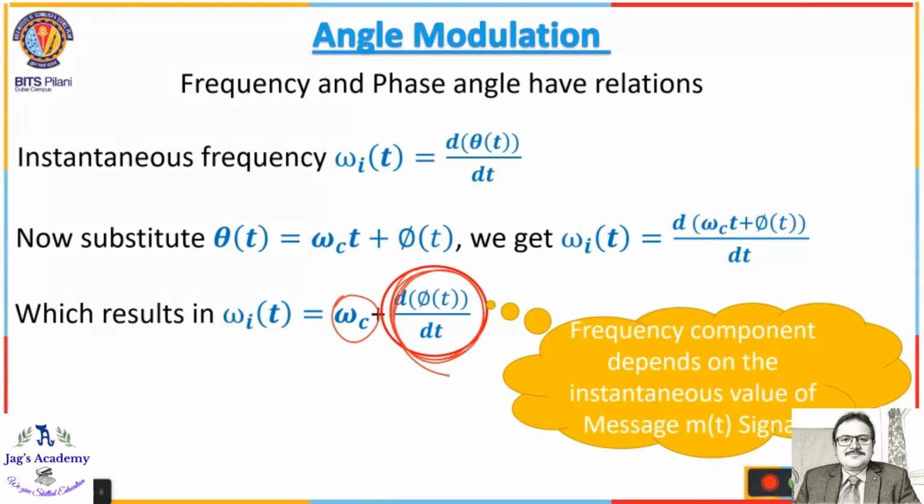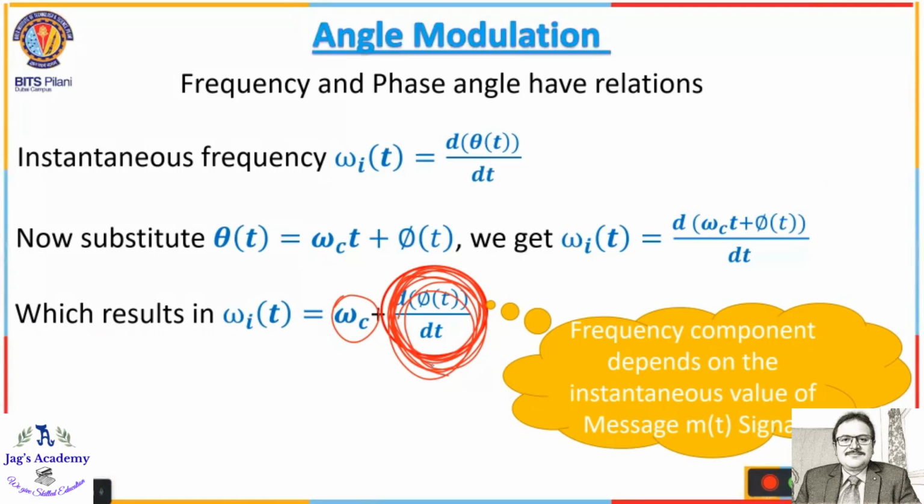Now see, this is the frequency. I call this a frequency. I'm not calling this a phase change now. Remember carefully. If I just write phi of t, that is phase. What is d by dt of phi of t?